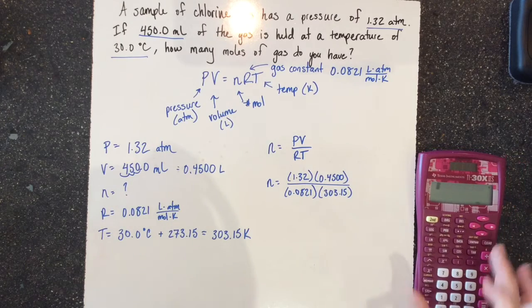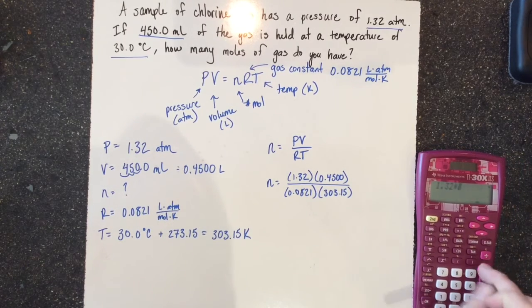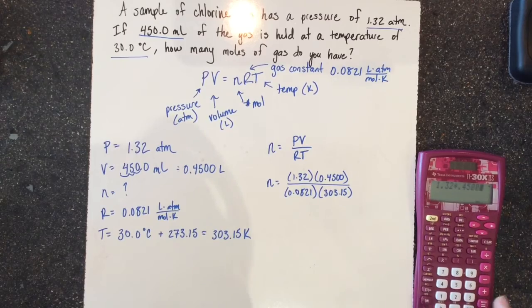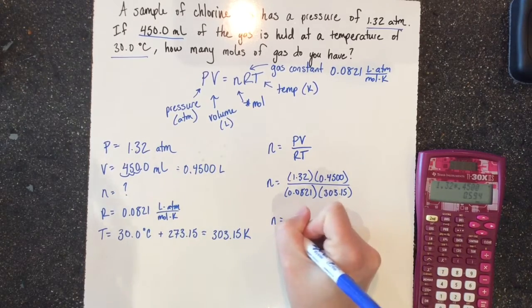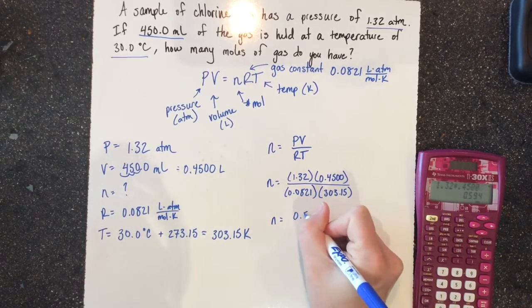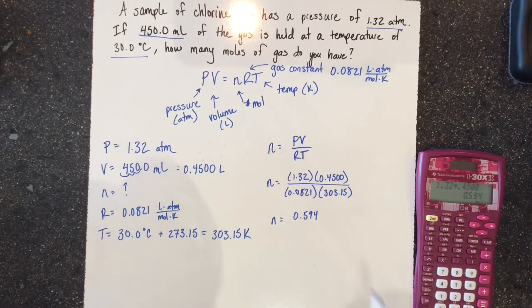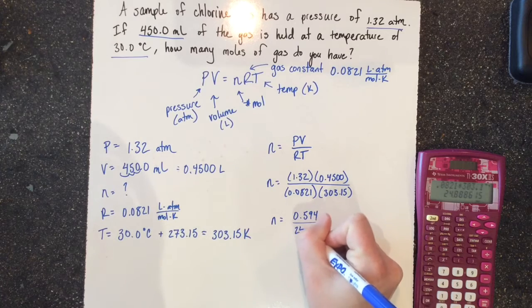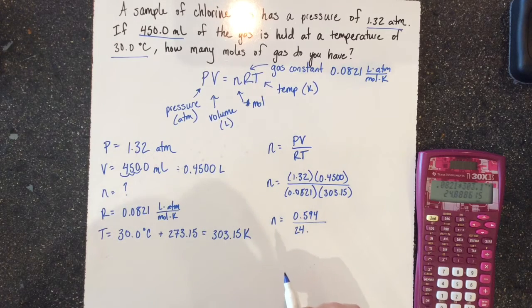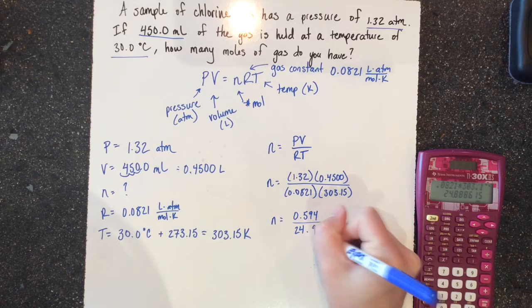So now let's do 1.32 times 0.4500, and that gives us, in our numerator, 0.594 with 3 significant figures like we need, divided by 0.0821 times 303.15 gives us 24, and I need 3 significant figures again, so 24.9.